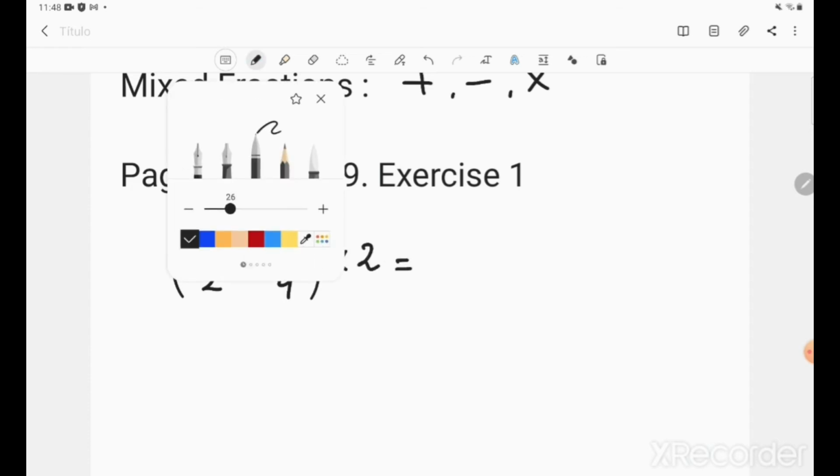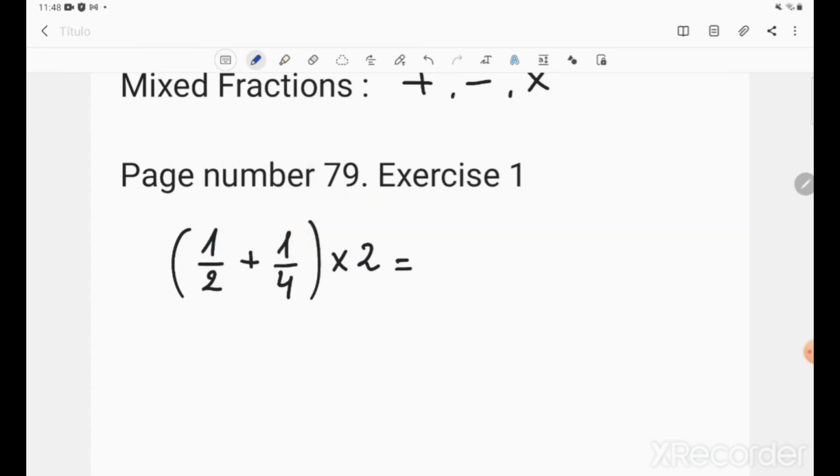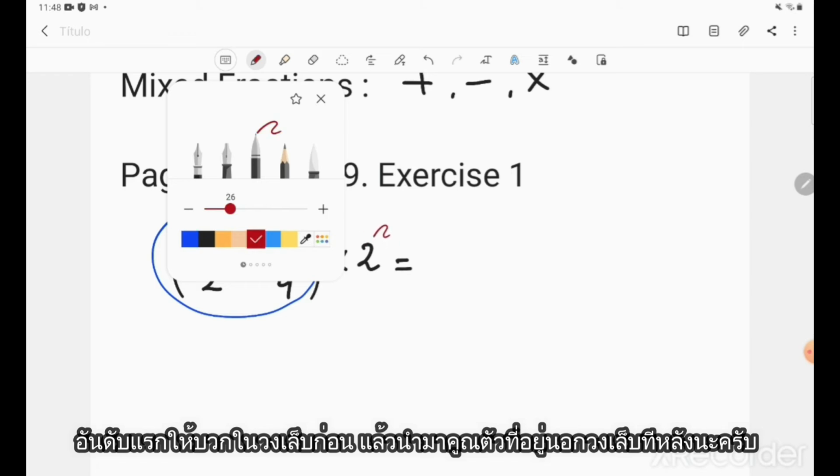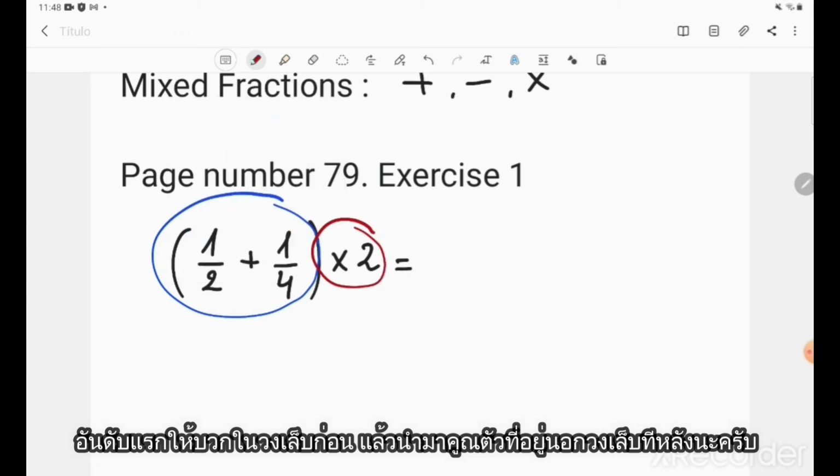So as you see here, we have two operations, multiplication and addition. We need to do this first because it's inside the brackets, and this is going to be the second operation. So let's go. First this operation, and after this operation.